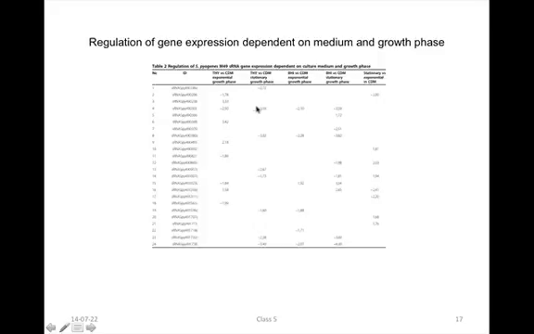Some are, and some are different. Some are very different. Some you only see once. Like the very top one you see there at negative 2.72, it's only downregulated at stationary phase when you're comparing THY and CDM.